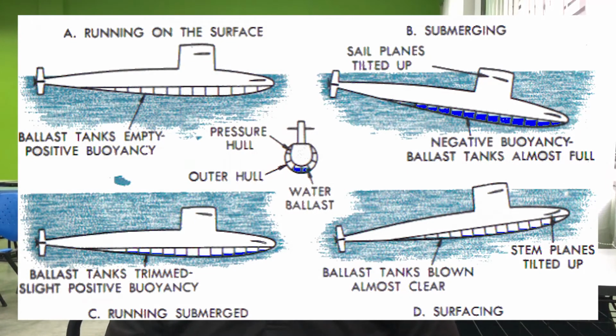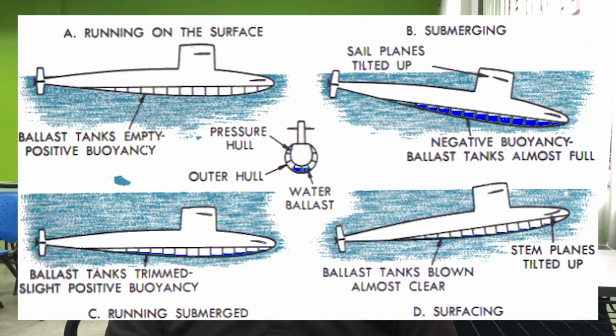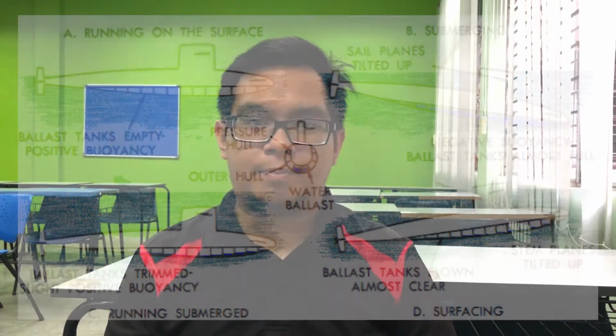How do the submarines do this? They have an apparatus called ballast. A ballast is basically a tank that they can fill with water. If they want to float, they can empty the tank, and by emptying the tank, the total weight of the submarine decreases, thus the upward force pushes the submarine to the surface, making it float.